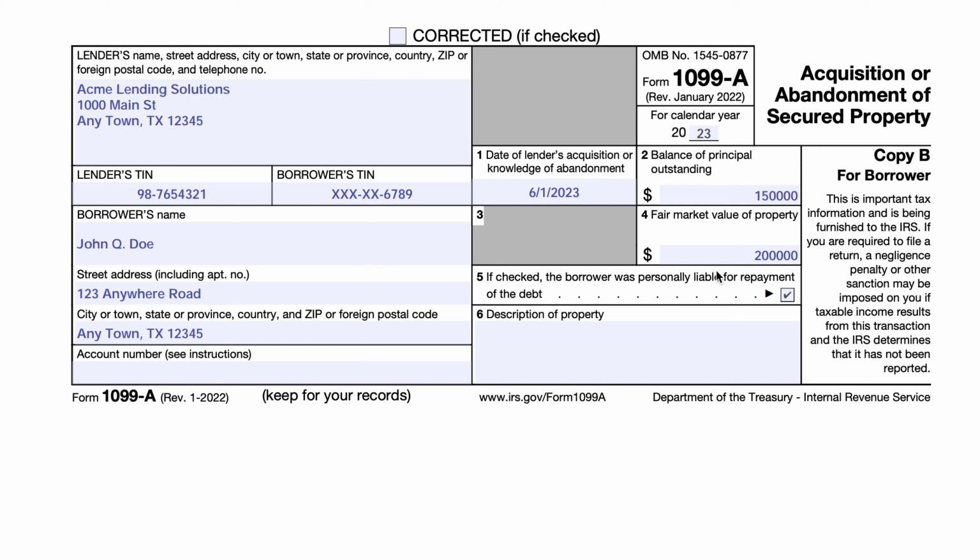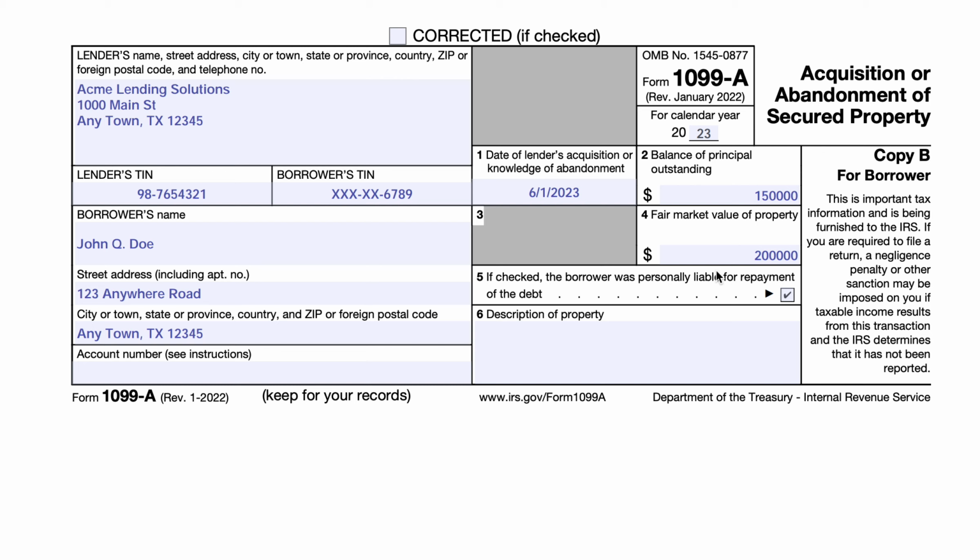The primary tax implication to the taxpayer or the borrower depends on whether the fair market value of the property that they gave up or abandoned is greater than or less than the balance of the principal that was outstanding.